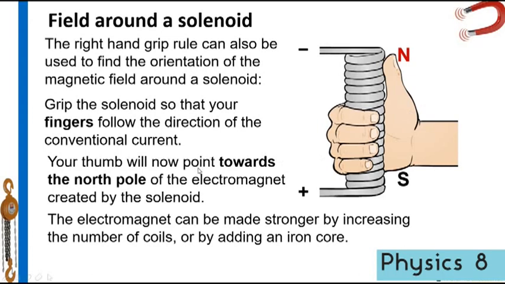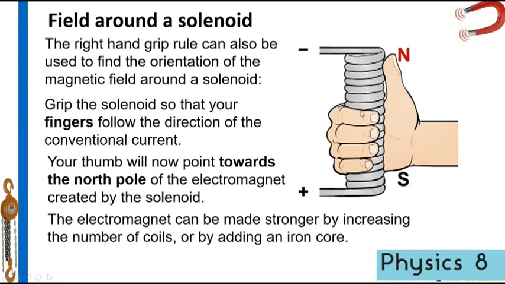So your thumb now will point towards the north pole of this electromagnet. By passing a current through this coiled solenoid, you're actually generating an electromagnet.